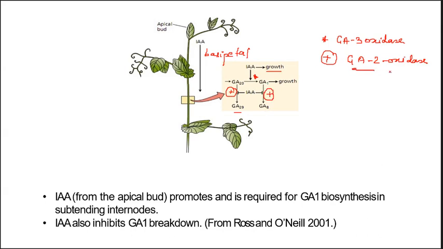So plus means GA2 oxidase, and auxin is inhibiting GA2 oxidase, which directly means that auxin helps in GA biosynthesis. So auxin promotes GA biosynthesis by helping in the activation of some GA responsive enzymes.